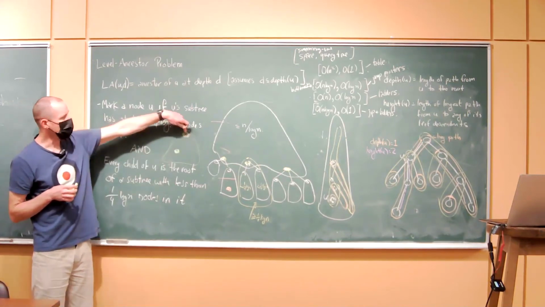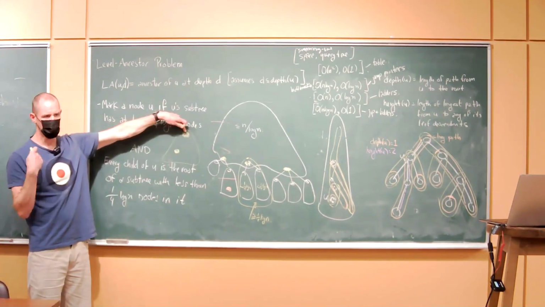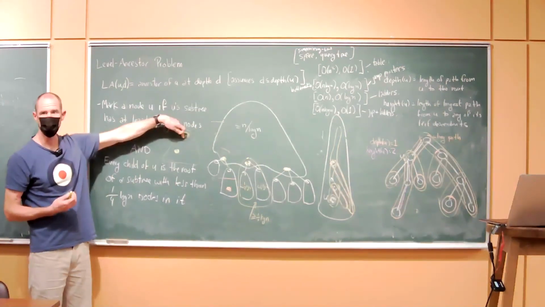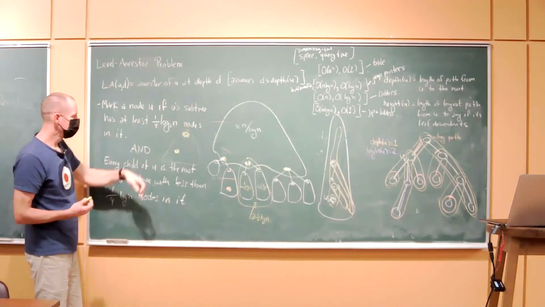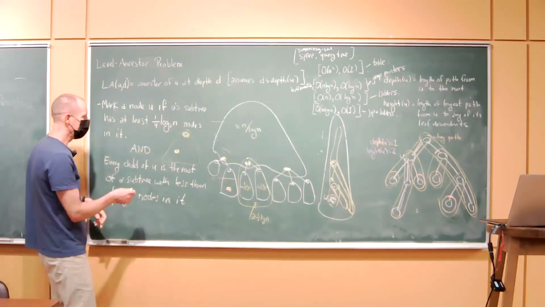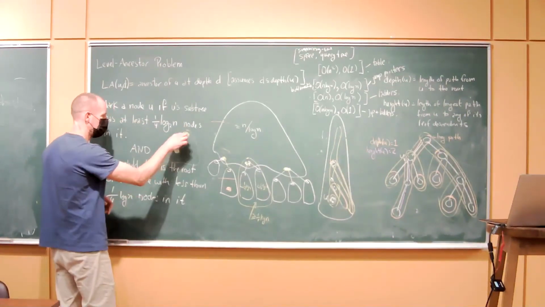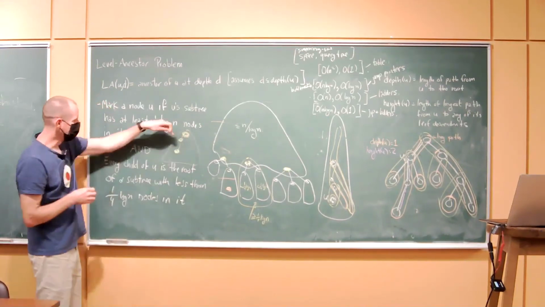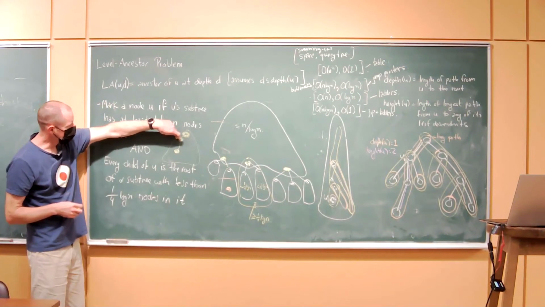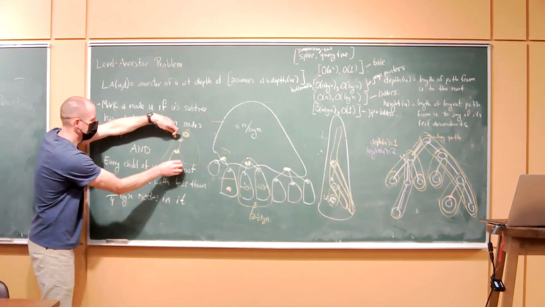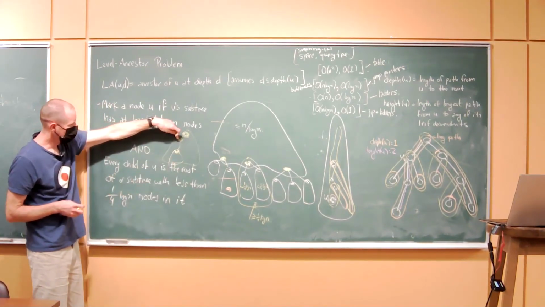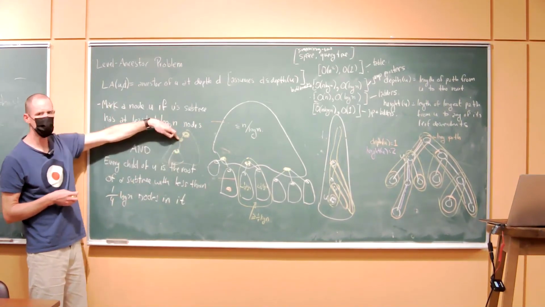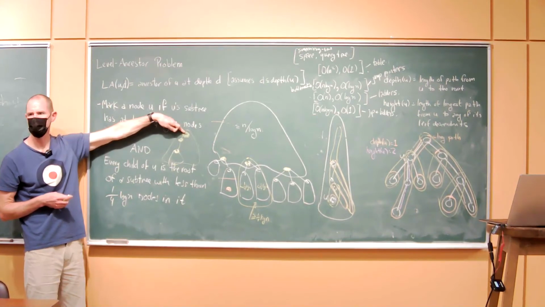Well, because the reason you mark this is because it has more than 1/4 log n nodes, but every one of its children has fewer than 1/4 log n nodes. So if this were to happen, just look at the path from this node to this other marked node. The second node on that path is a root of a subtree that contains this whole subtree. But this whole subtree already contains 1/4 log n nodes. Therefore, this one does. Therefore, you wouldn't have marked this node.